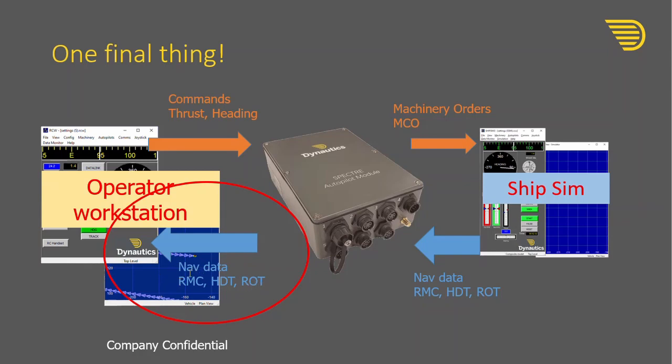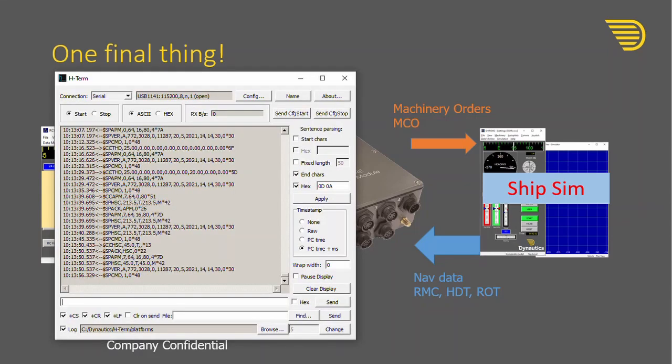So the first step is you've got to get hold of that data. So we can do that. There is a NMEA command called NVO, which allows you to request data out of port number 2. And I'll put this one in.